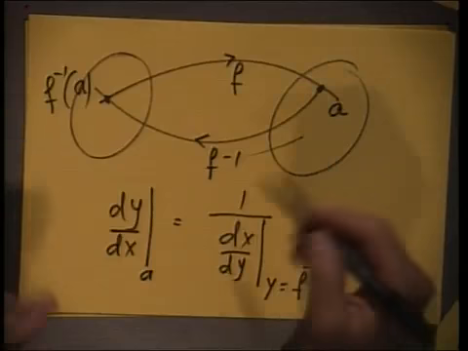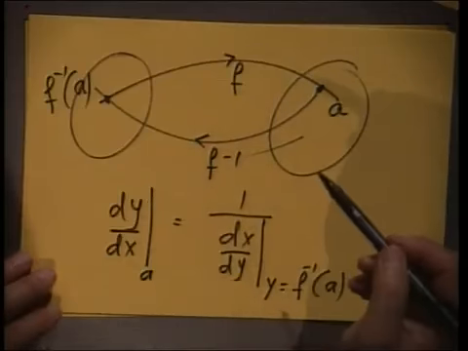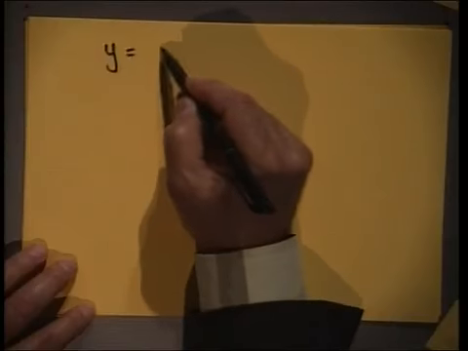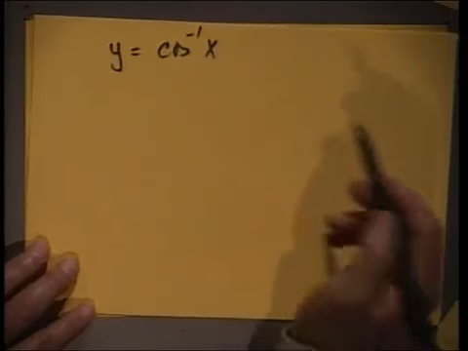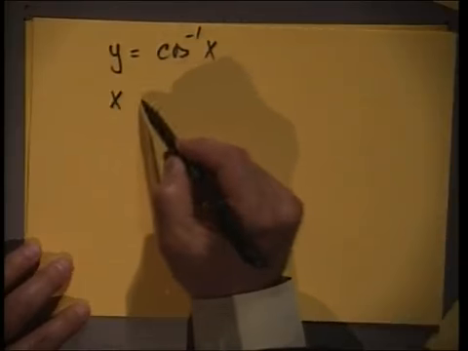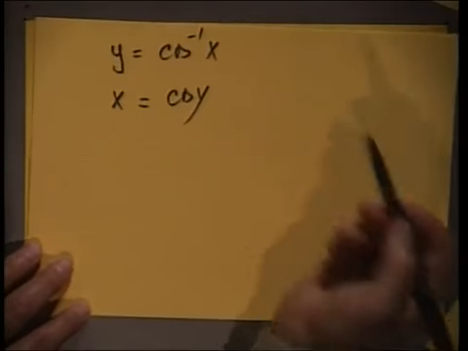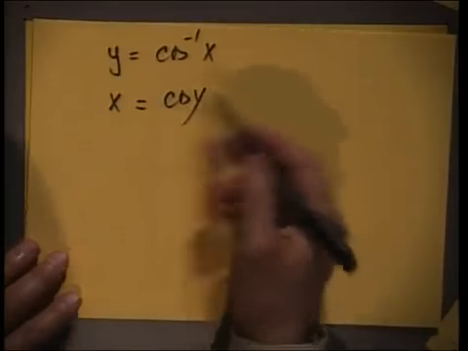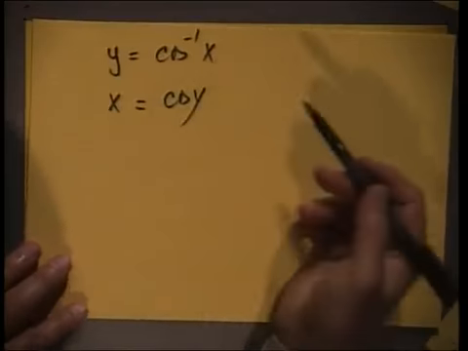Suppose, for example, you want y is equal to cosine minus 1 x, and you wish to calculate the derivative. You can write it this way: x is equal to cosine y, and this is actually more amenable not only to understanding, but also you may not fall into errors.